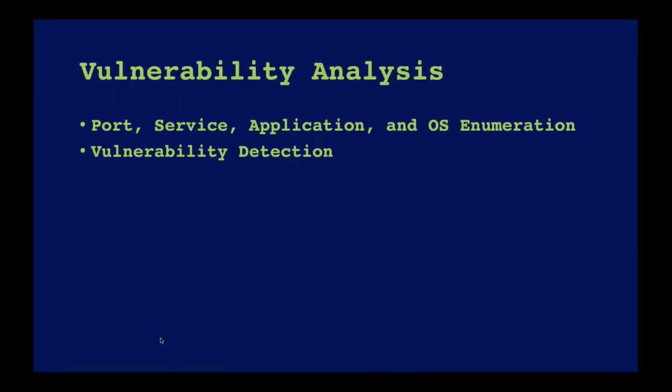So while your vulnerability scanners like Nexpose, OpenVAS, and Nessus find those vulnerabilities, it's also good to know how to manually collect that information. So how to manually detect those vulnerabilities, because there's times one vulnerability scanner will find something that another one doesn't, and vice versa.